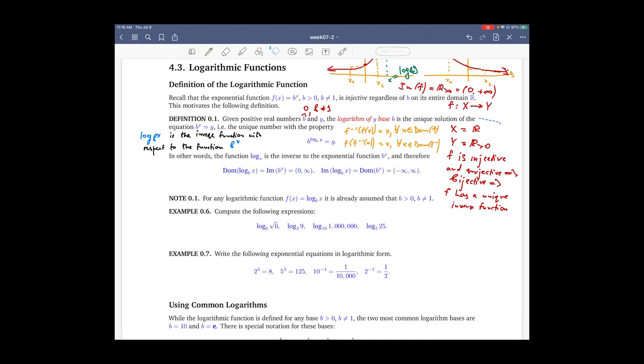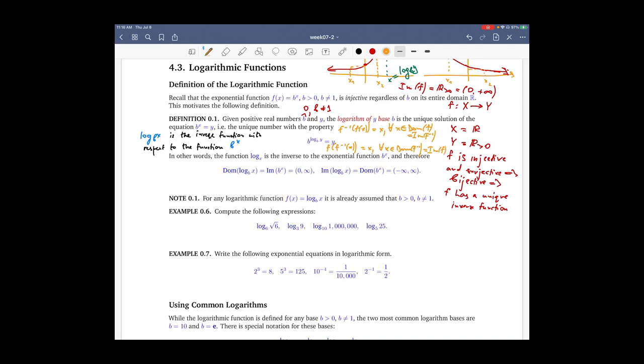And again, it's important to remind ourselves that the domain of f here is the image of f inverse, and vice versa, domain of f inverse is the image of f.